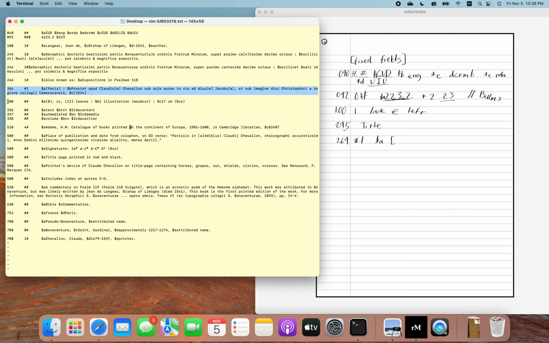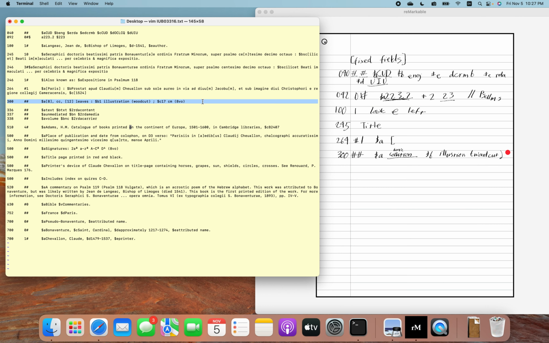Then we go on to the extent statement, and that is the 300 field. In the 300 field, there are no indicators, and the A gives a very basic collation. A collation is basically just accounting for all of the leaves in the book. We also get that there's one illustration, and we actually spell that out now. It used to not be spelled out, and we can say that it's a woodcut.